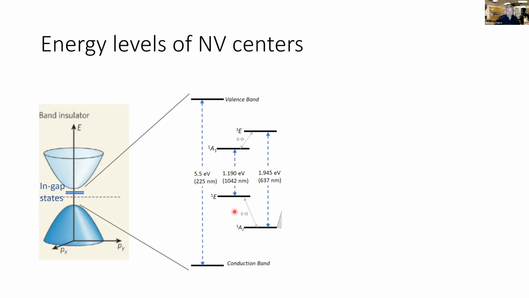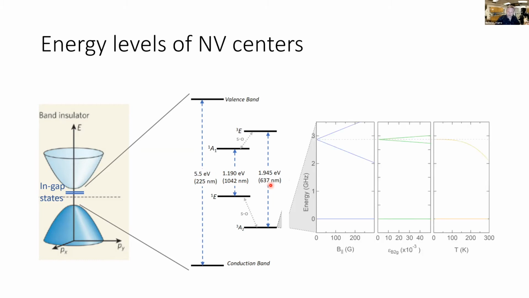If you put an NV center in, you create localized states in the band gap, and you have these energy levels here. Small differences in energies, on the order of electron volts, are responsible for the colors you see in an NV center. But what's most important is not really the color, but what goes on down here.